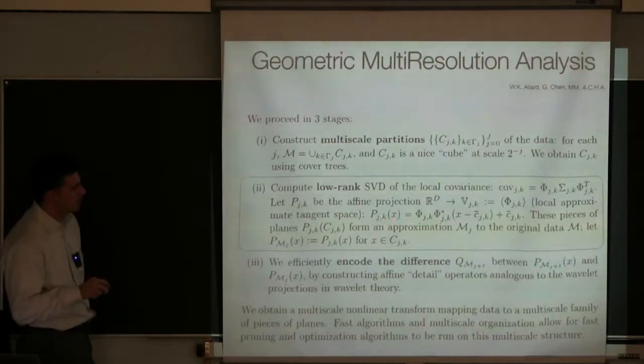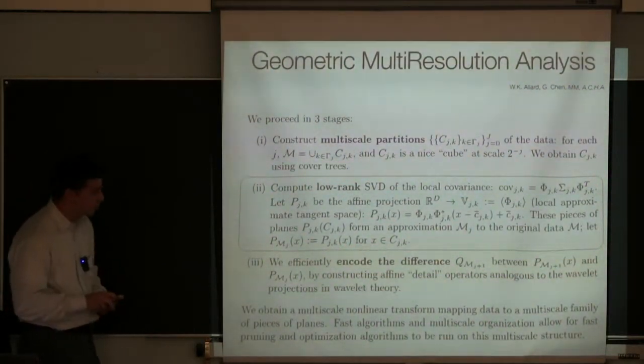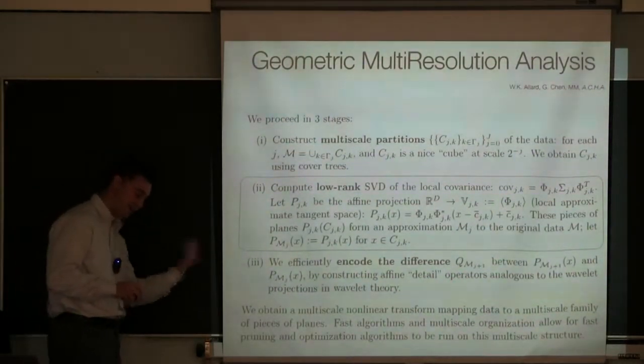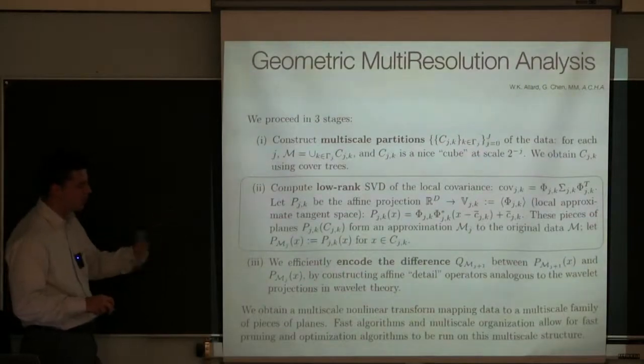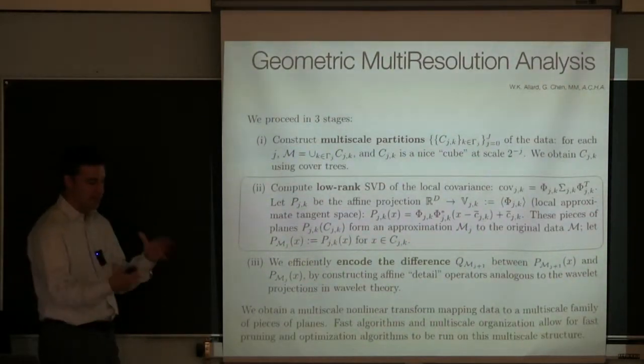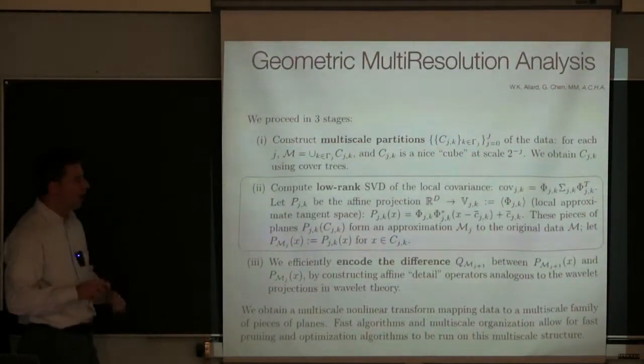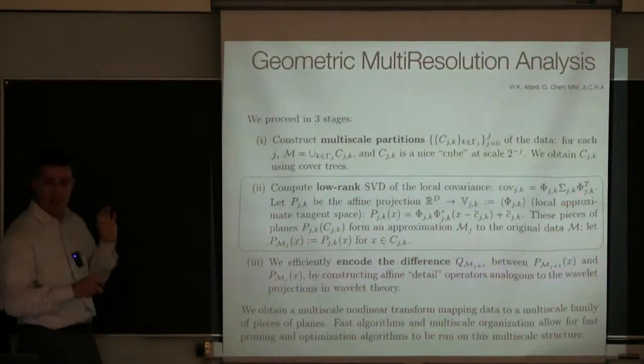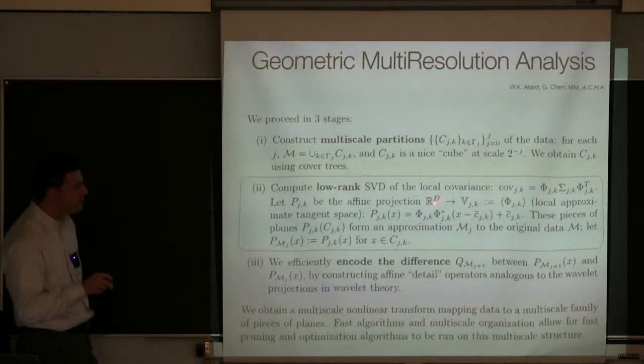Then in each of the pieces, we're going to do the simplest possible dimension reduction method, which is PCA. PCA, as we saw yesterday and as I mentioned today, makes a very simplistic assumption that the data can be approximated by one plane. Well, I'm going to make that assumption not for the whole data, but in pieces of the data.